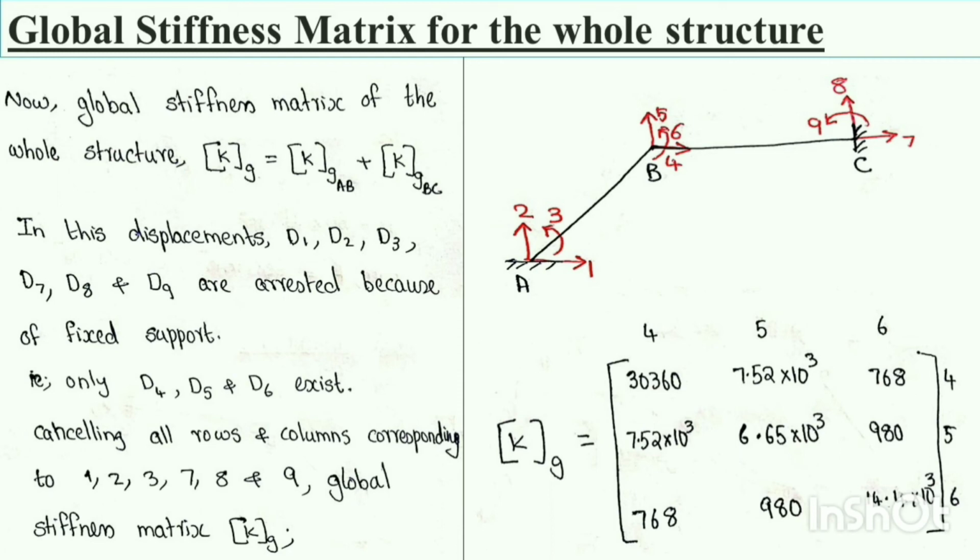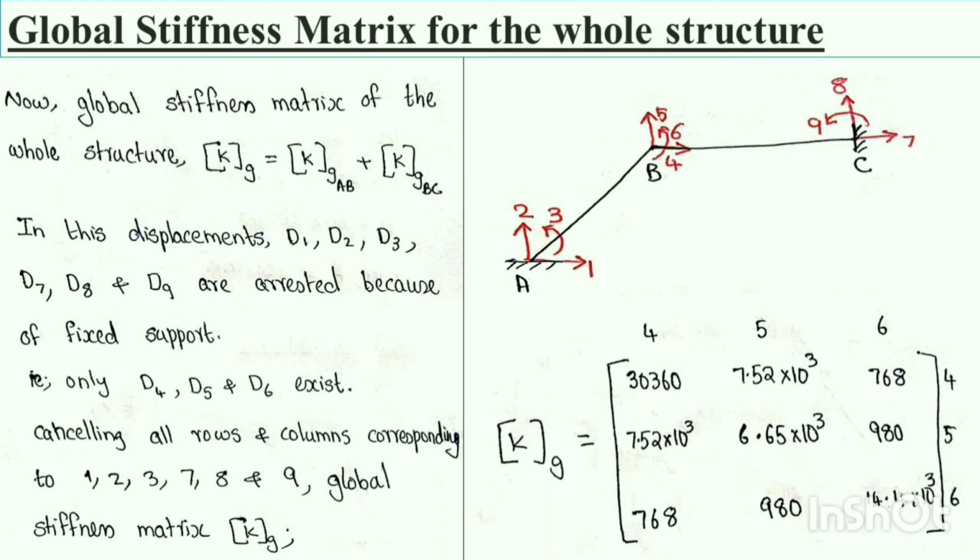Now cancelling all rows and columns corresponding to 1, 2, 3, 7, 8 and 9, the global stiffness matrix Kg will be equal to, you can see, a 3 by 3 matrix with column and row numbers 4, 5 and 6.